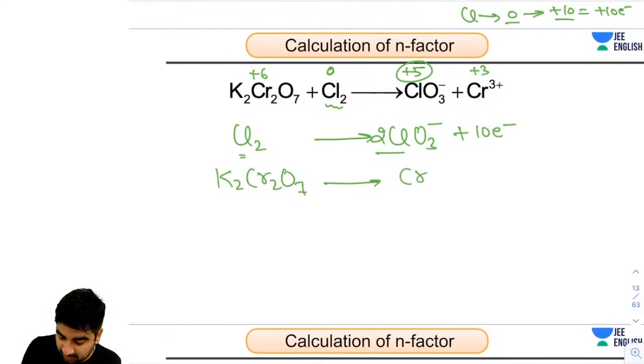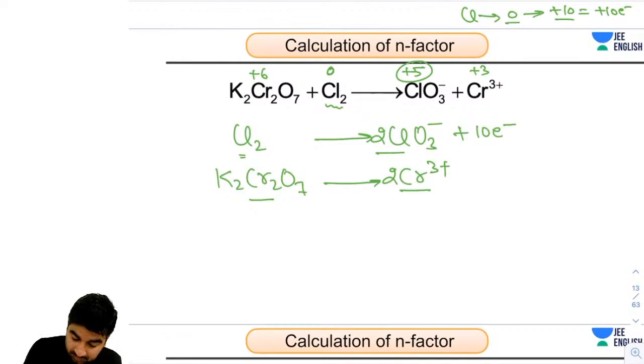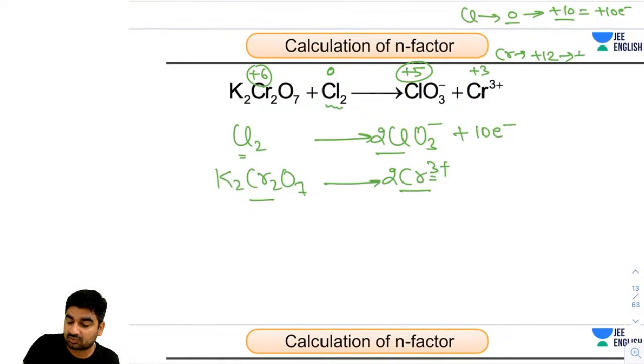Now this is converting into Cr3 plus. Again, because for chromium oxidation state is changing, just balance only chromium multiplied by 2. Now here chromium is having +6, so 2 chromium will have +12, and here chromium is having +3, so 2 will have +6.